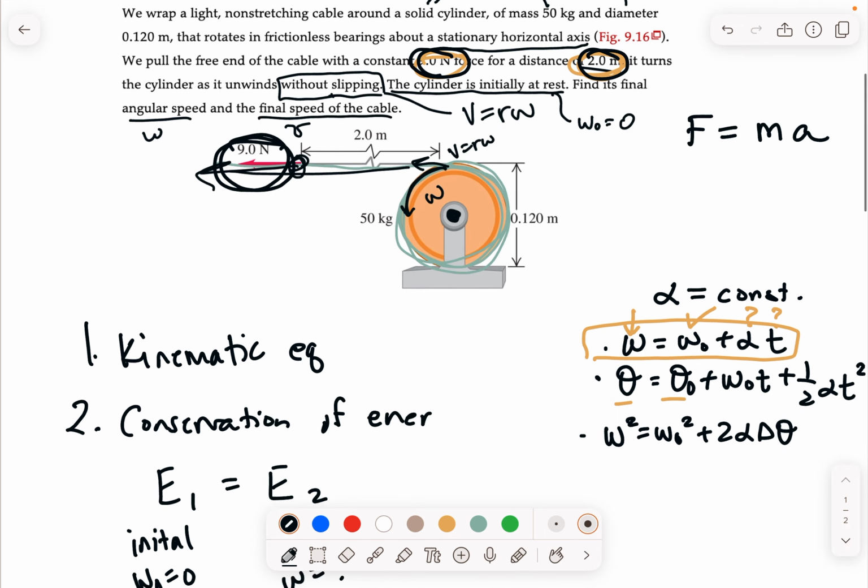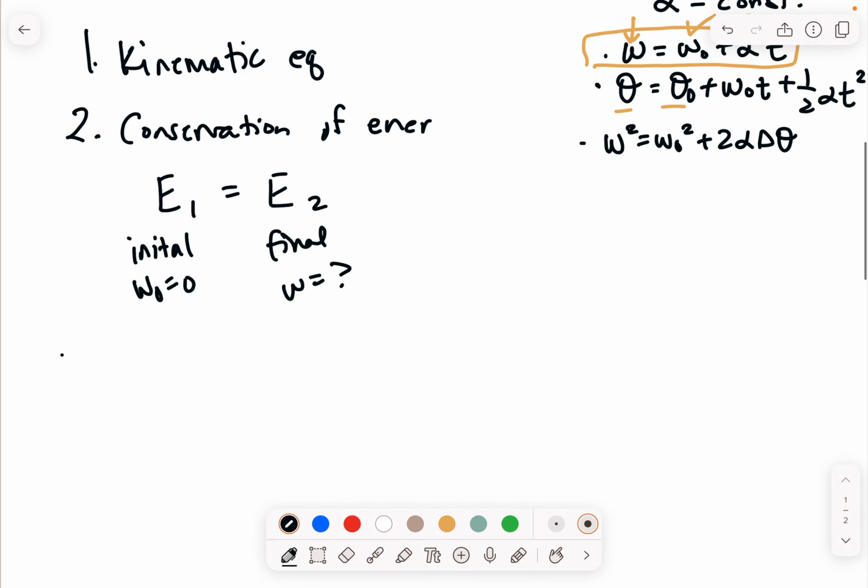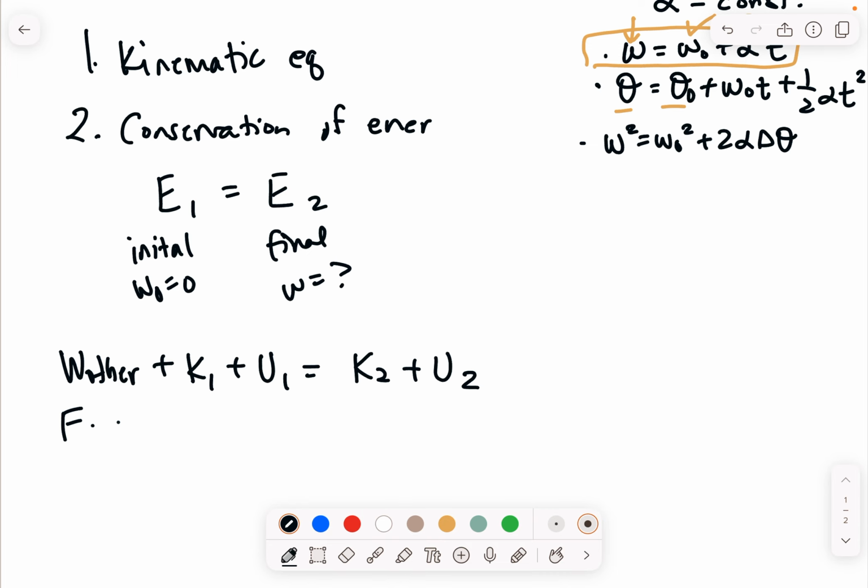So, that's the work done by a pull force, right? Which is a non-conservative force. So here's our conservation of energy. This is going to be our force times our displacement, which is the pull force, and the 2 meters of pull.